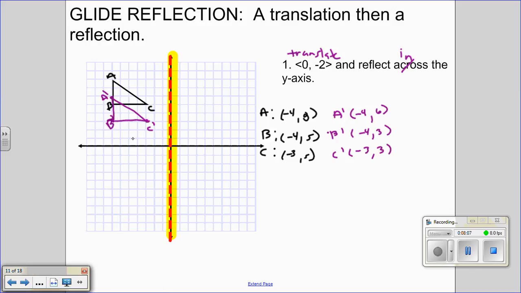So if I look at B, B is 1, 2, 3, 4, 5, 6, 7. Whoa, sorry, something's not right. My ordered pair is totally not right.